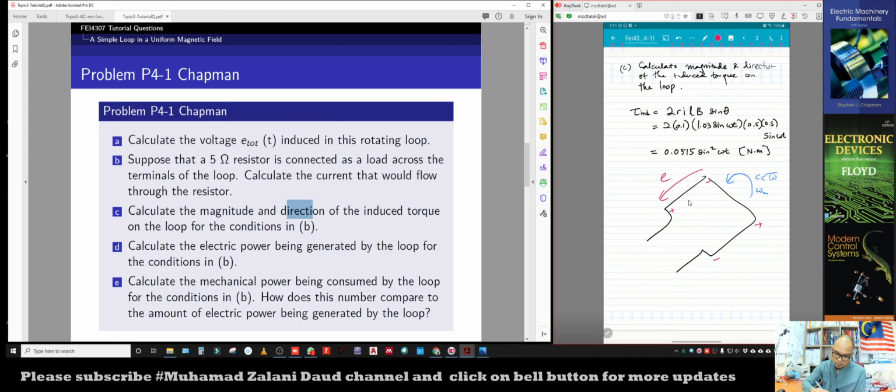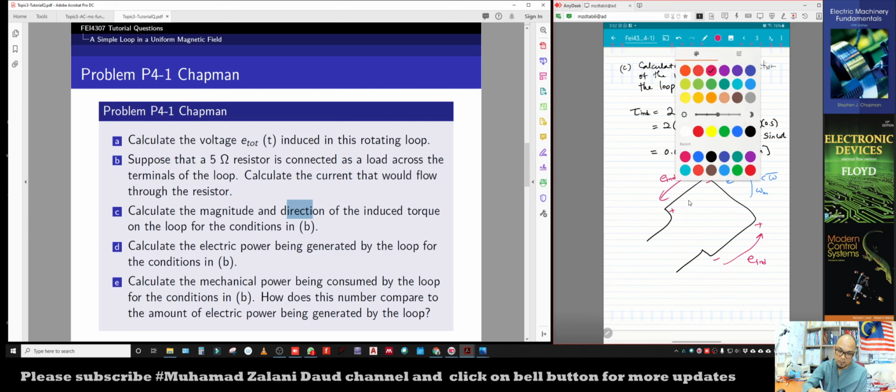So at segment AB, that is the direction of the induced voltage. At segment CD, that is the direction of induced voltage. Okay, we know that. So what happened in question B was I connect a 5 ohm resistor.